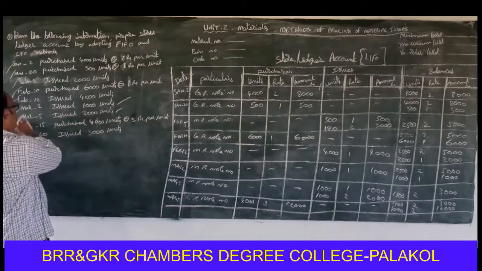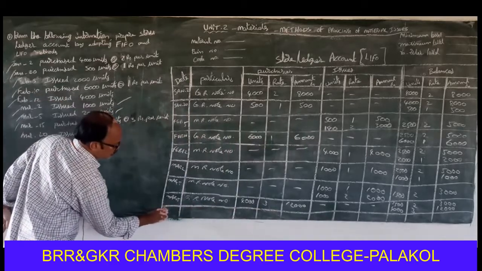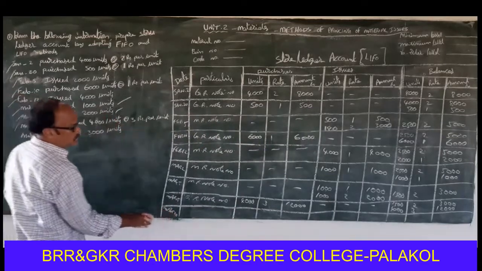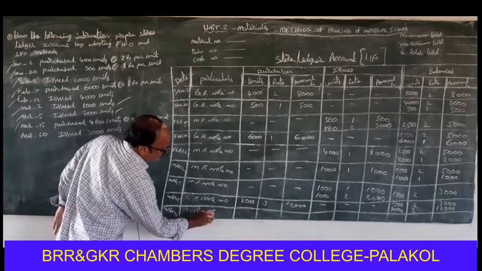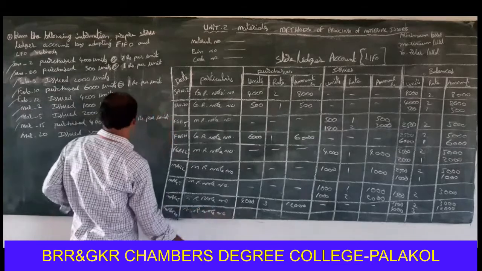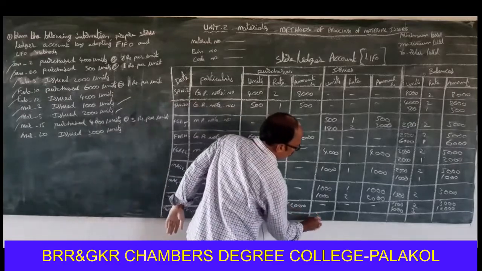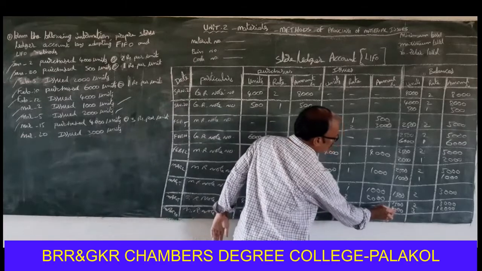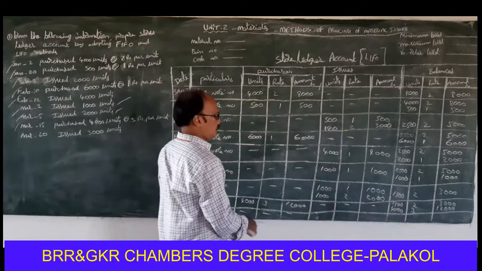Next one, March 20th, issued 3,000 units. So material requisition note number. How many units wanted to issue? 3,000 units. The 3,000 units must be released from this, because it was received recently. Last in, first out.